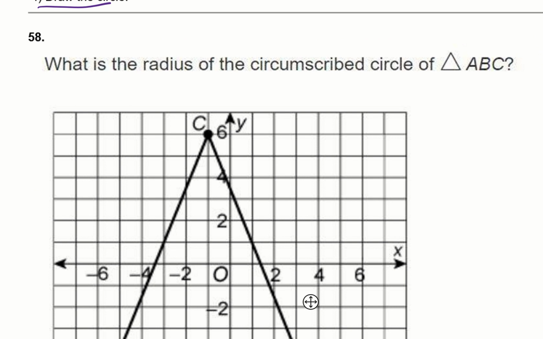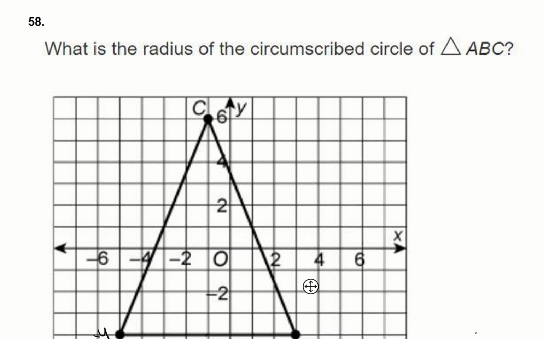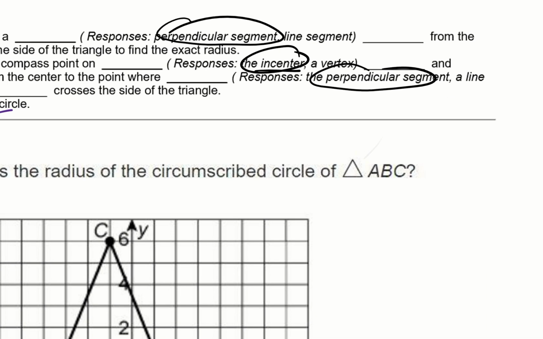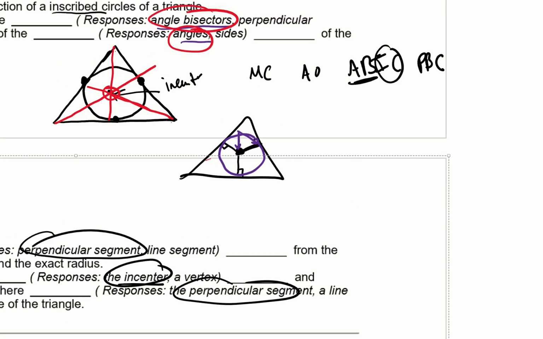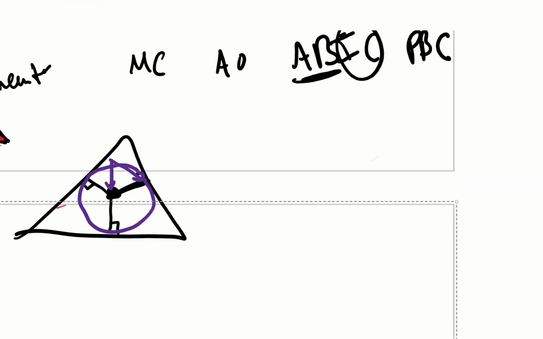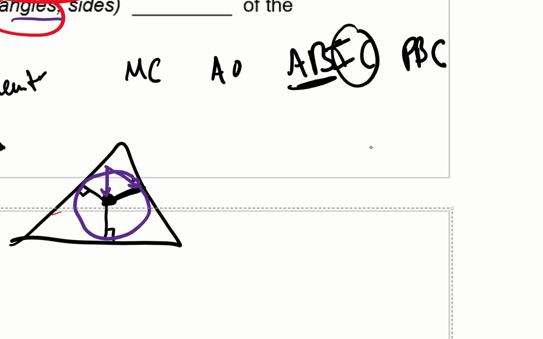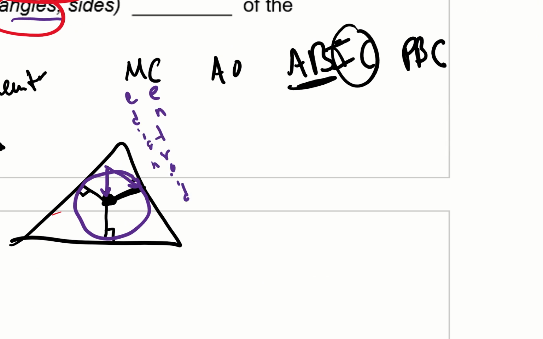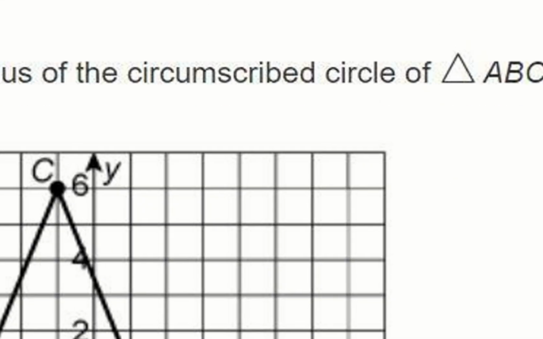Number 58, what is the radius of the circumscribed circle of triangle ABC? All right, using the mnemonic that we showed earlier, this stands for centroid and median. And this stands for circumcenter. So this is the circumcenter, and this stands for perpendicular bisector.